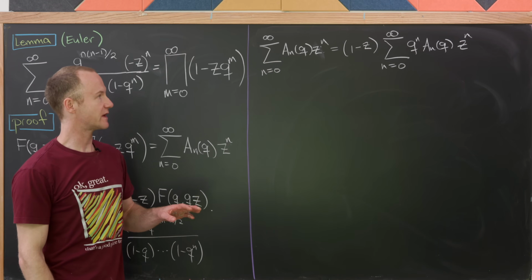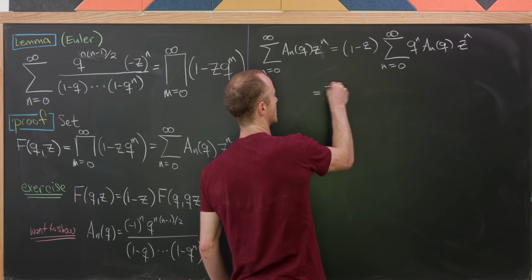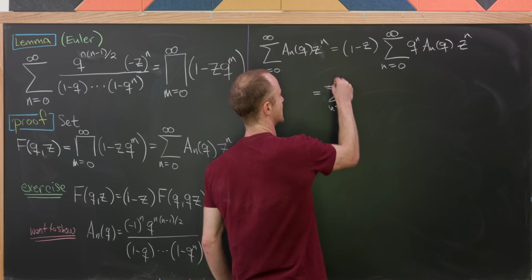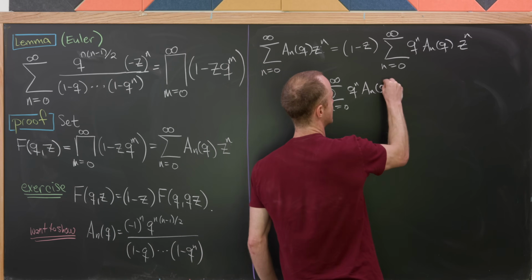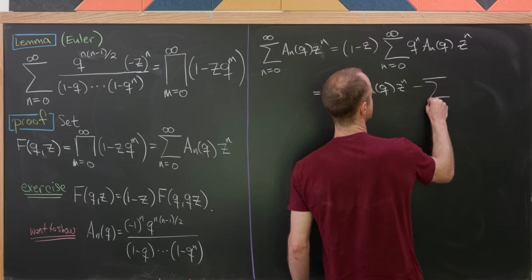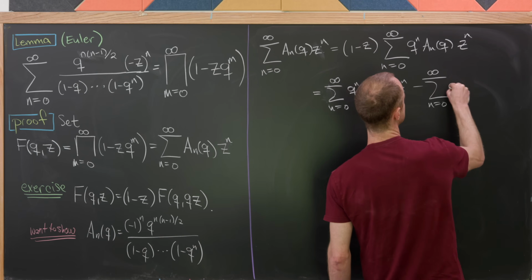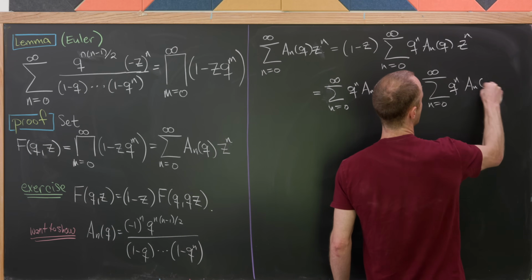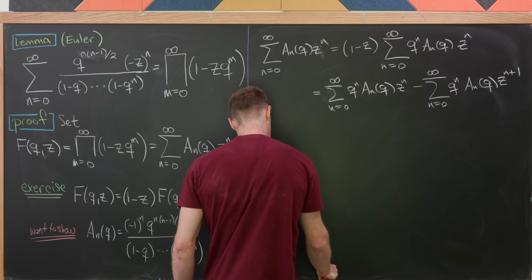But next up, what we'd like to do is multiply out this right-hand side as we did before. So quickly, that's the sum as n goes from 0 to infinity, q to the n, a n of q, z to the n. And then that'll be minus this sum as n goes from 0 to infinity of, let's see, q to the n, a n of q, z to the n plus 1.